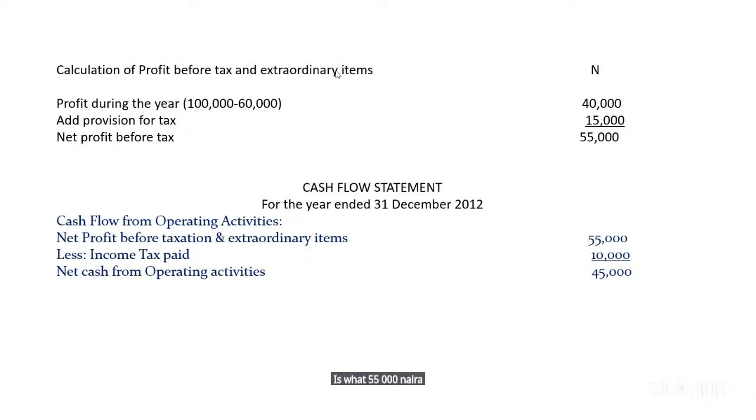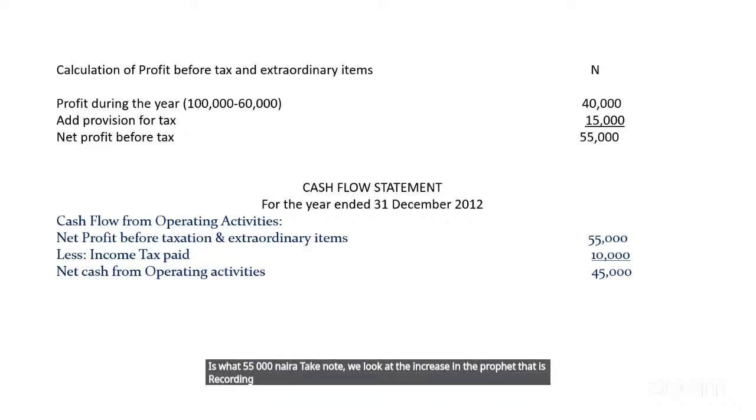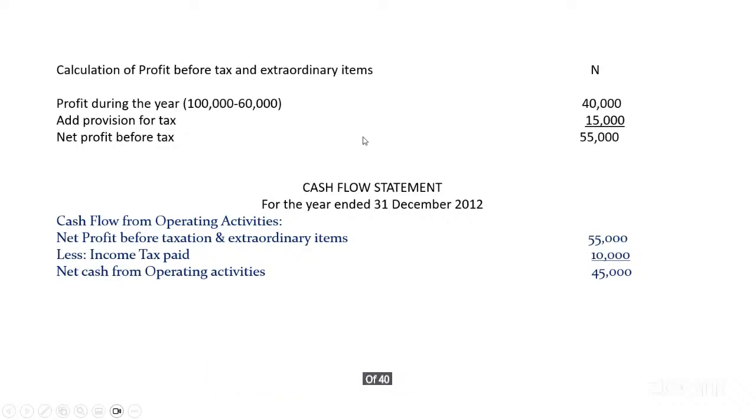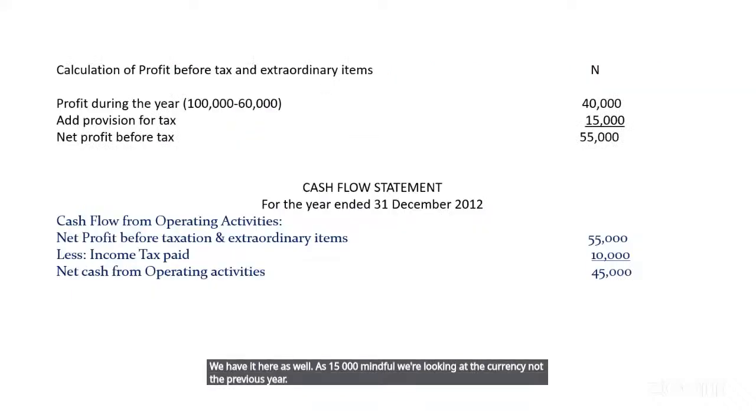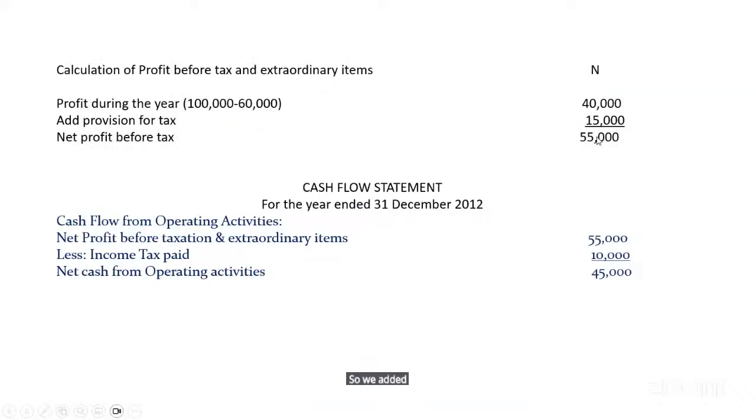Take note, we look at the increase in the profit, that is the current year profit minus the previous year profit, and we got 40,000. How much was the provision for tax for the year? We have it here as 15,000. Mind you, we're looking at the current year, not the previous year. So we added the 15,000 to it, and we got 55,000. That's what we call net profit before tax.